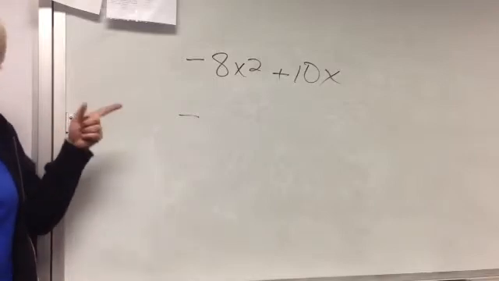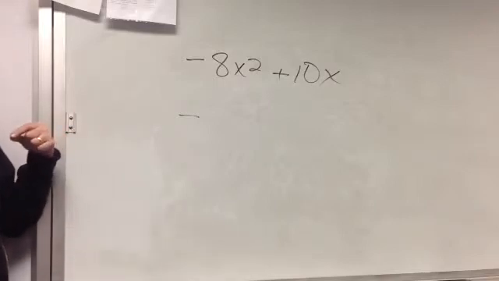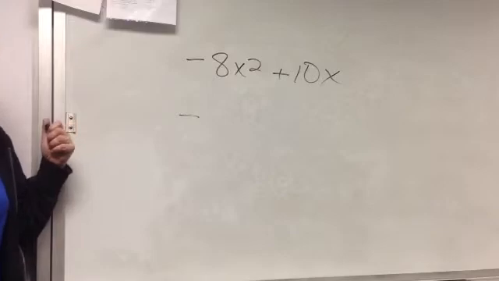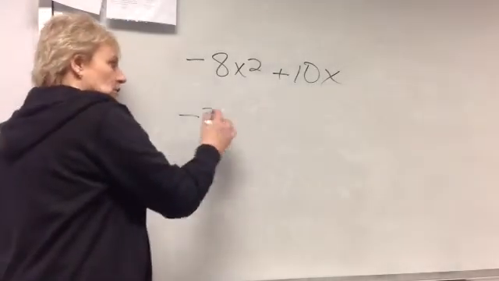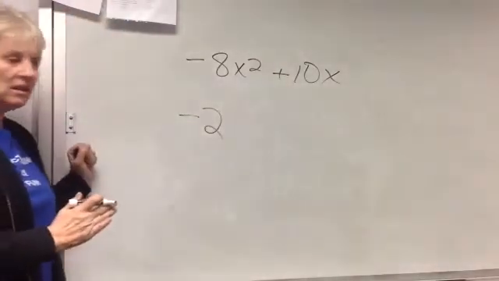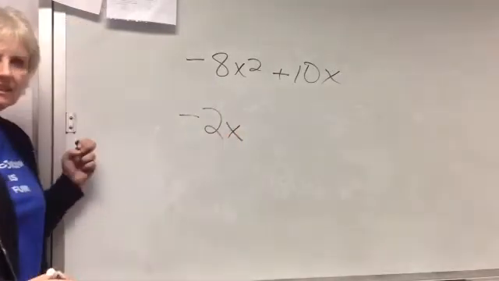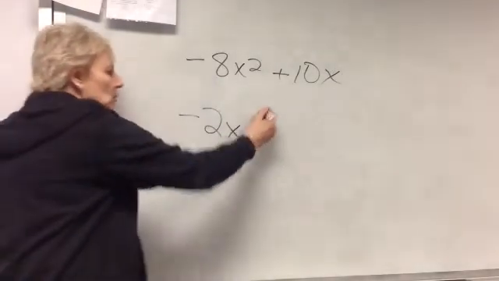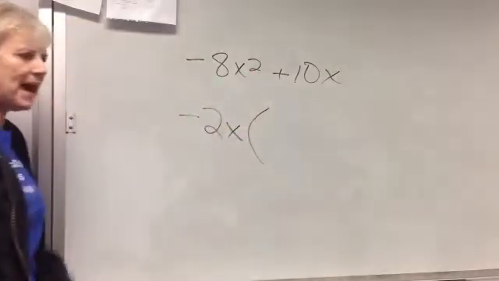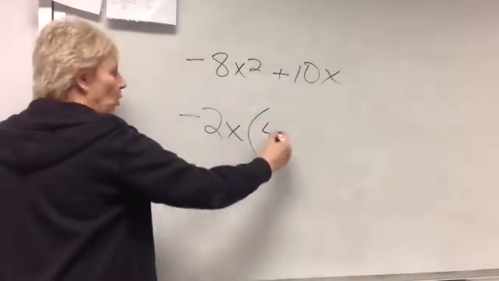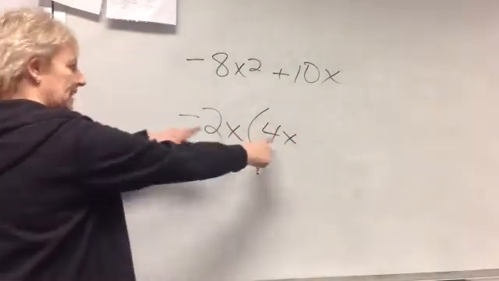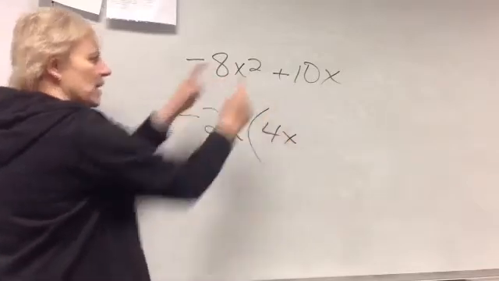Now, what's the greatest common factor here? 8 doesn't go into 10. 2 has to go into both of those. 2x. All right? 2x times what gives me that back? 4x. Let's check. Negative 8x squared.